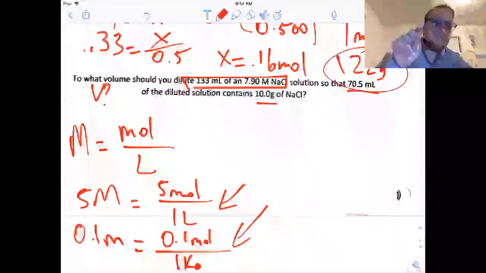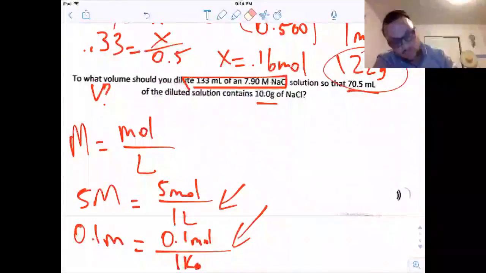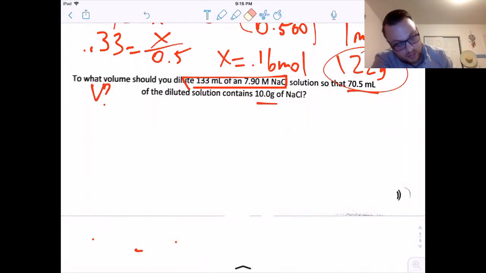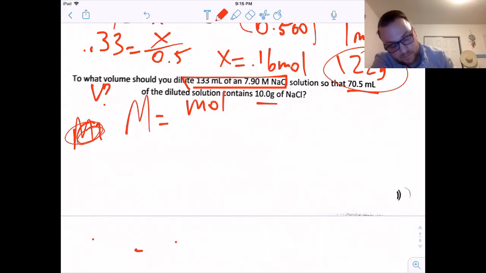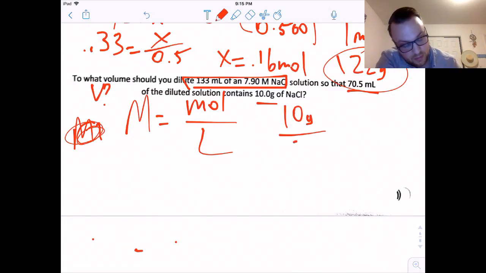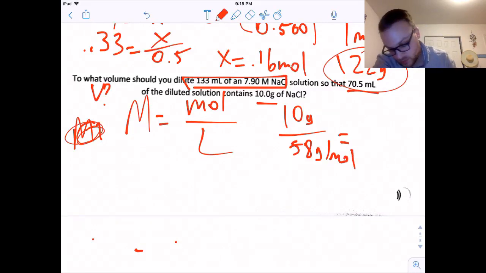I need molarity. And we just said molarity is moles per liter. What are you doing? Moles per liter. And you're going to say, Mr. G, you didn't give me moles. I gave you grams. And you can always convert grams to moles. So 10 grams of NaCl divided by 58 grams, because that's how much 1 mole weighs, is 0.17 moles.